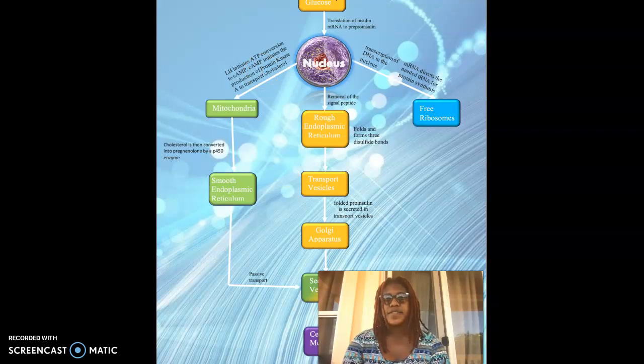However, after insulin has served its purpose in the body, the liver is known to be the main site of the degradation of insulin by endocytosis, which is a form of degradation of insulin by a degrading enzyme.